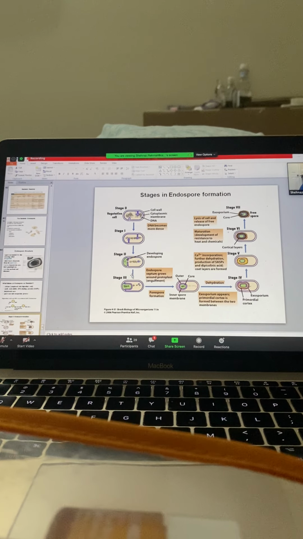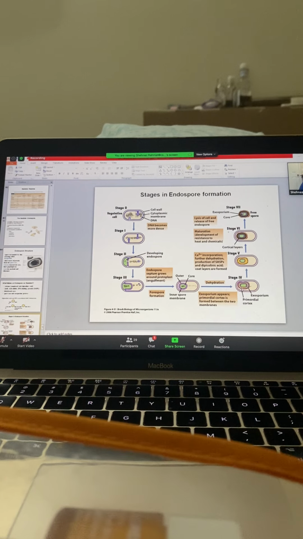And then it starts putting layers on it where the septum grows around the protoplast, engulfment occurs so that you have another layer that comes around it, and it develops an outer coat. Then a lot of dehydration occurs and you go to stage 4 of spore formation, and of course your primordial cortex is now almost complete.